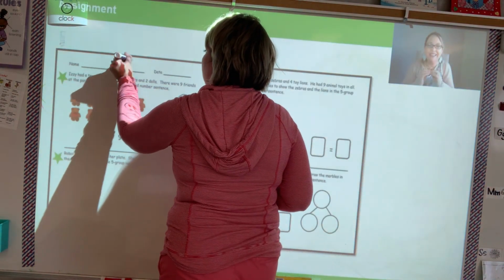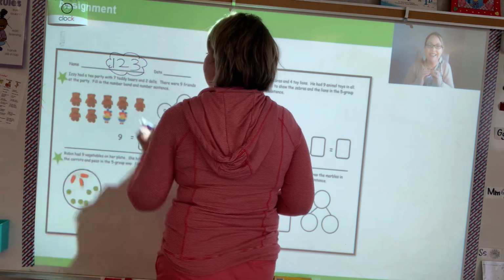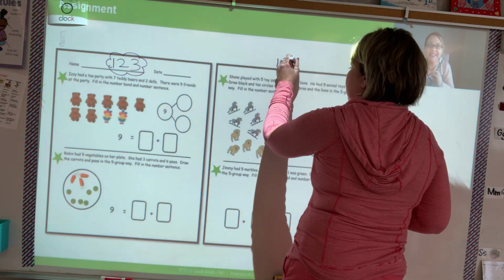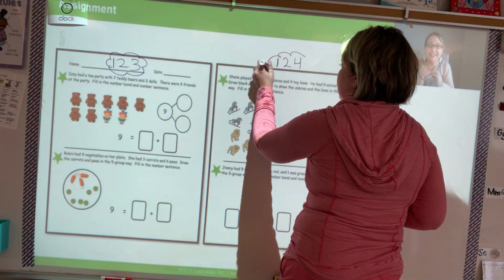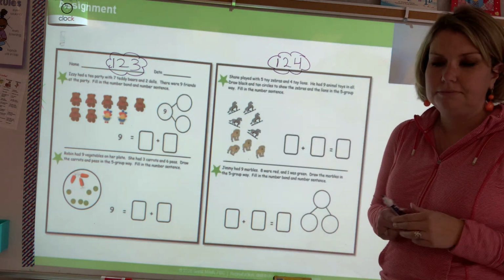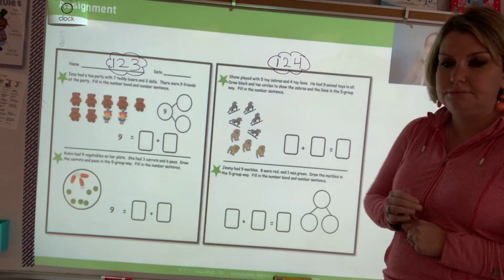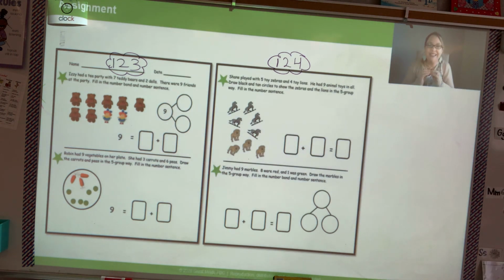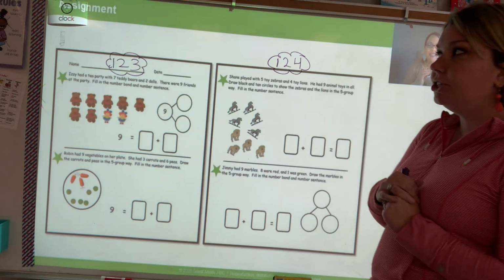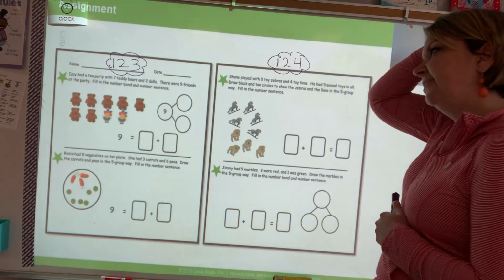Here's a trick: right after the application problem page is the problem set. That's right. I always put it up here just in case somebody accidentally lost their page.